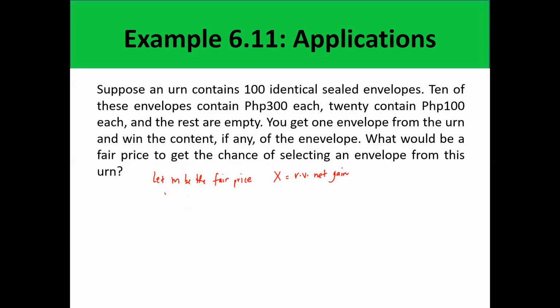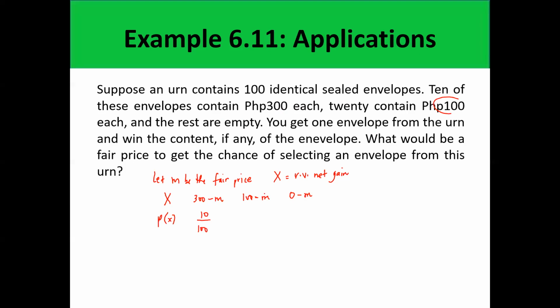In this particular game, if let's say we win 300 pesos, then the net gain will be 300 minus M. Now, in case we win 100 pesos, the net gain is 100 minus M. But if we get an empty envelope, then our gain will be 0 minus M. Now, the probability of winning 300 pesos is 10 out of 100 because there are 10 envelopes with 300 pesos inside.